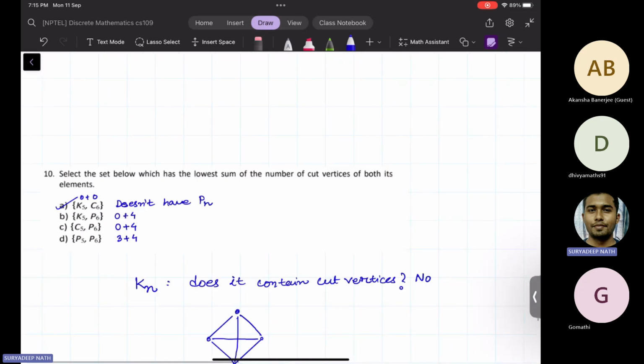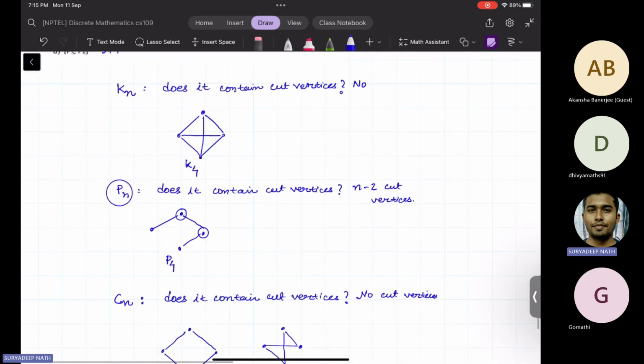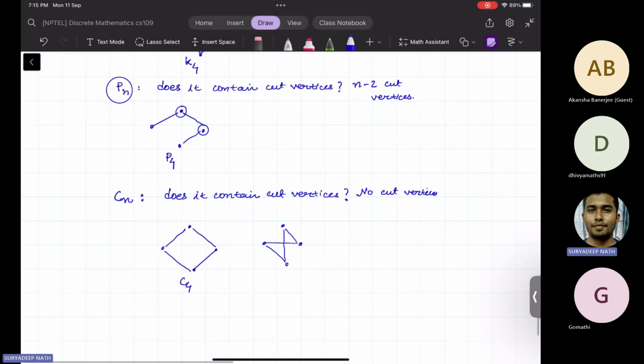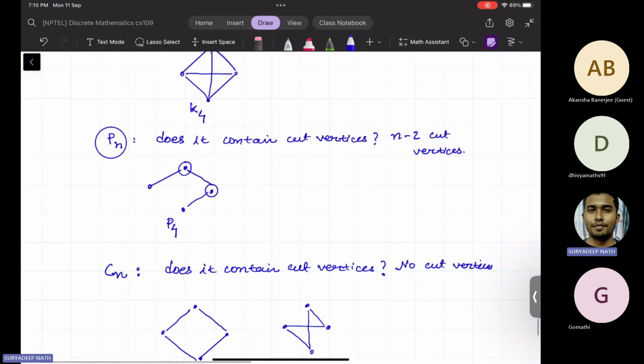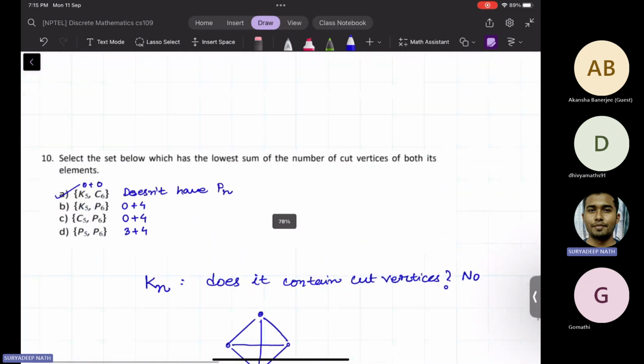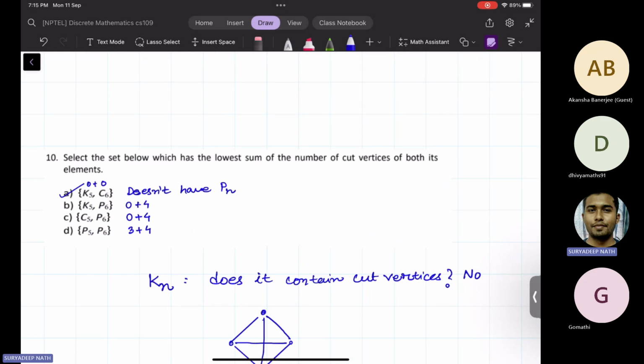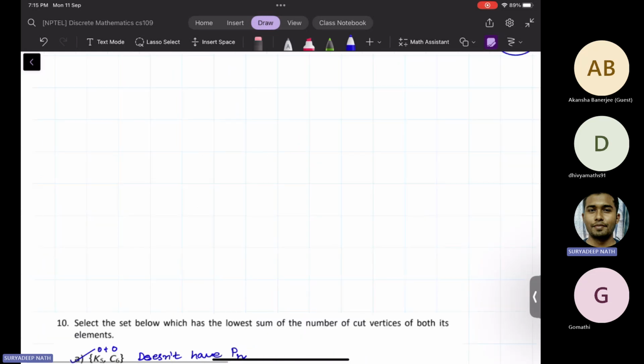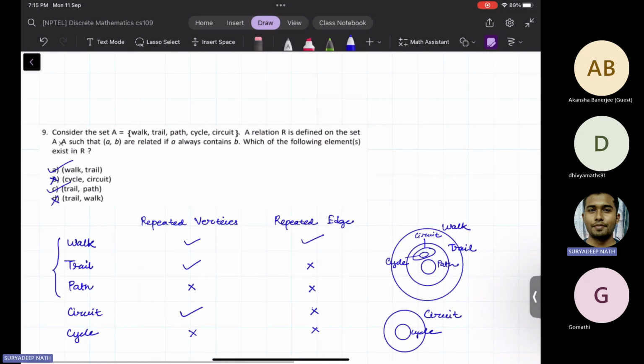I hope this is clear to everyone. So that brings us to the end of our discussion. If you have any questions regarding the problems that we discussed, you can ask, or if you have missed anything during the discussion, I can repeat it.